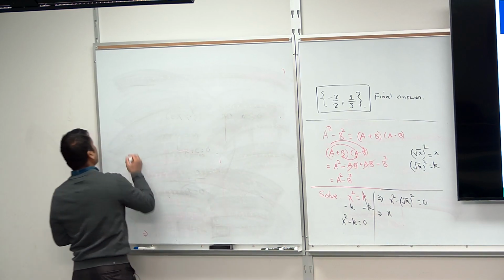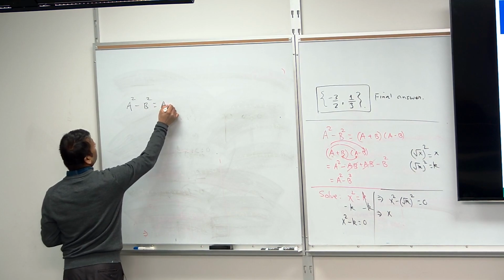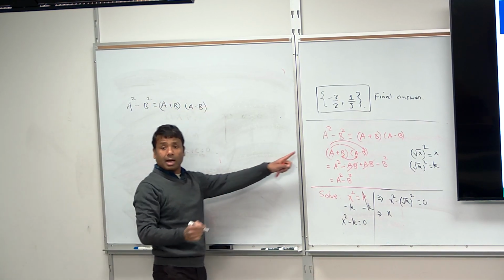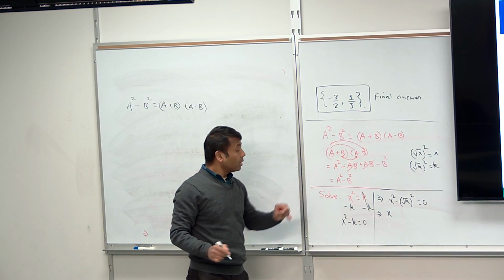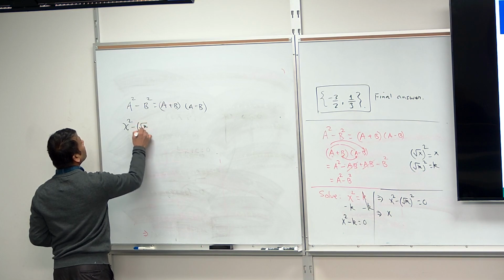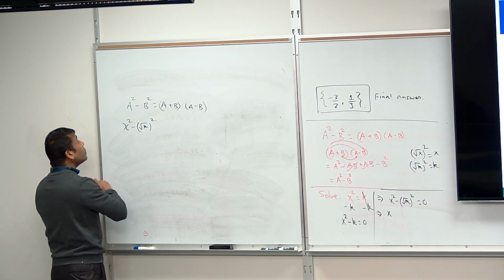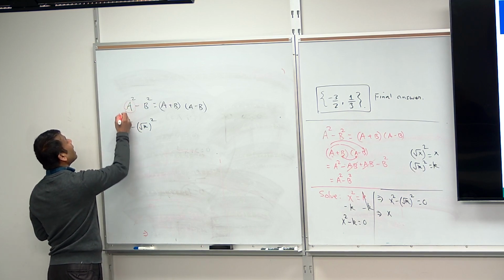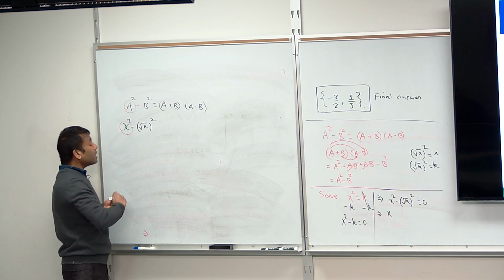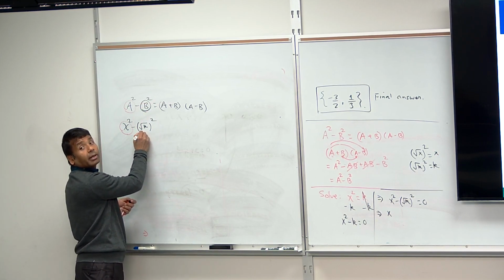I told you if you have a squared minus b squared, this is a plus b times a minus b. I just proved it. Is that right? Right here. You see that? Now what I have there is x squared minus radical k squared. So in place of a, I do have x. Is that right? In place of b, what do I have? Radical k.